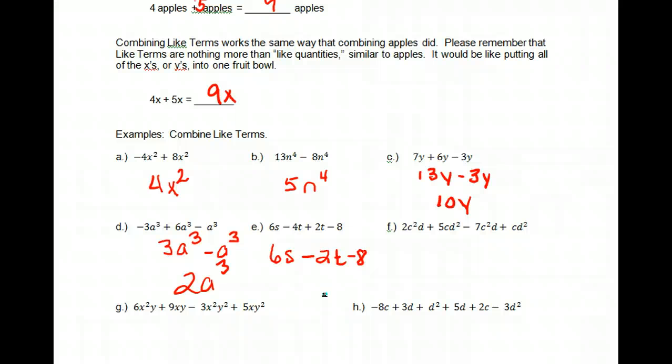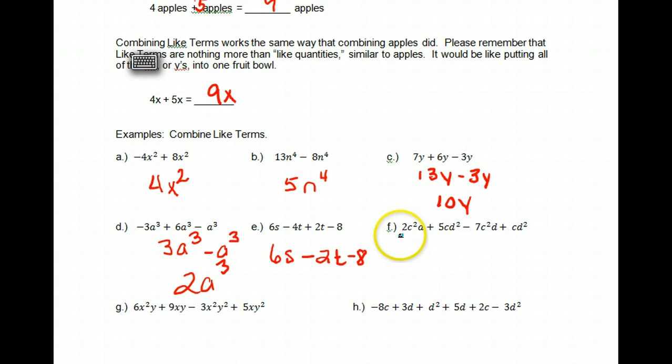Okay, by now you should have completed letter F, and we are ready to go over the answer together. Like terms mean that every single thing about the variable and the exponents match. So as you are scanning your expression for like terms, the first term you come to is a c squared d.